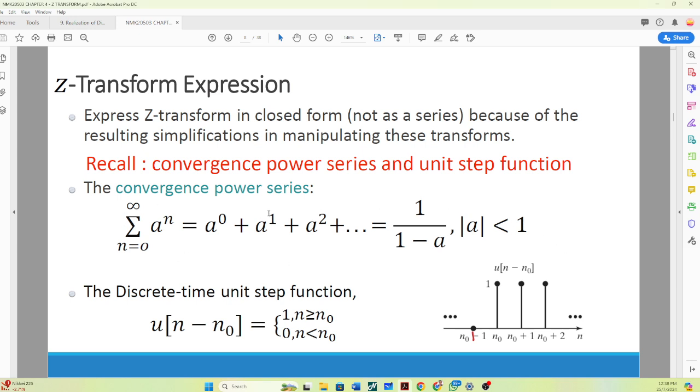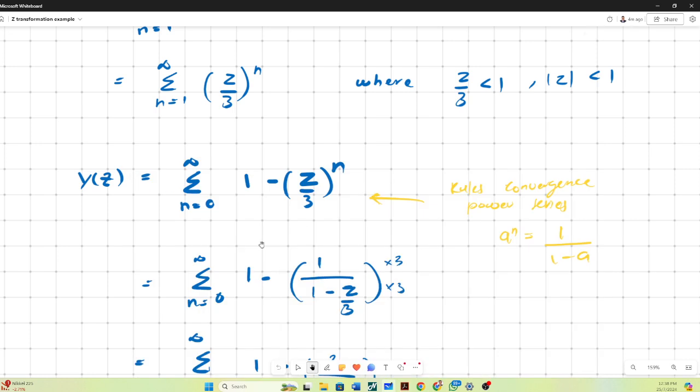So by considering this formula, we need to transform our signal into the sum from n equals 0 to infinity of z divided by 3, to the power of n. We can use the rule of power series here. So we know that a to the power of n sums to 1 over 1 minus a.